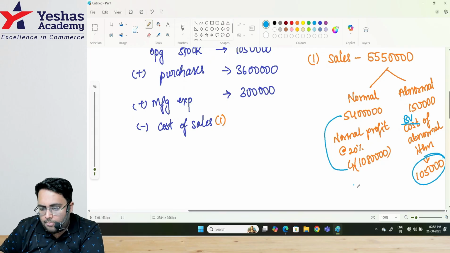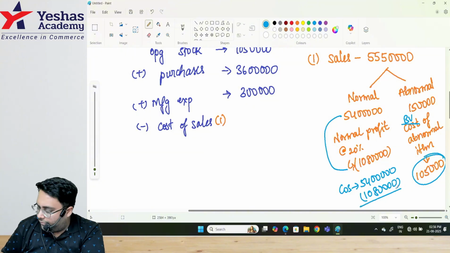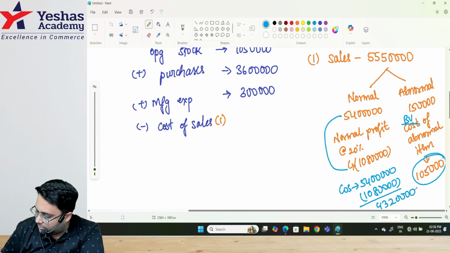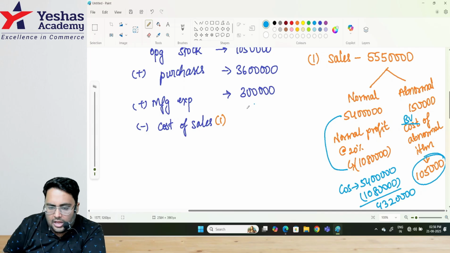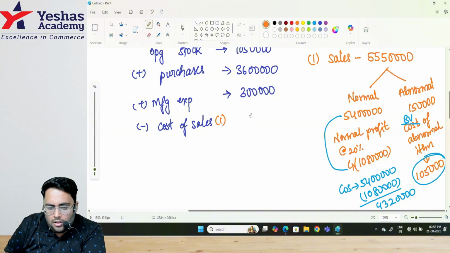Normal 54 minus 10,80. 54 lakh minus 10,80,000. How much? 43 lakh 20,000. 43 lakh 20,000 plus 1,05,000, 44 lakh 25,000.